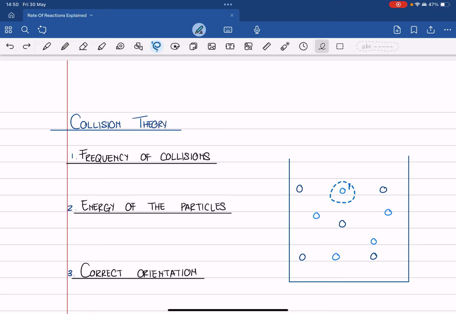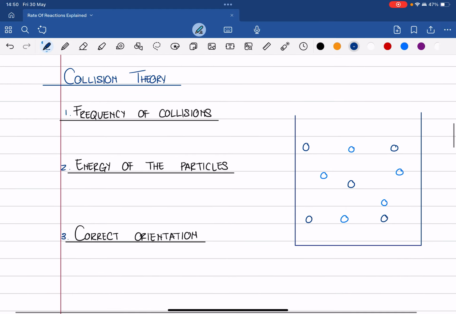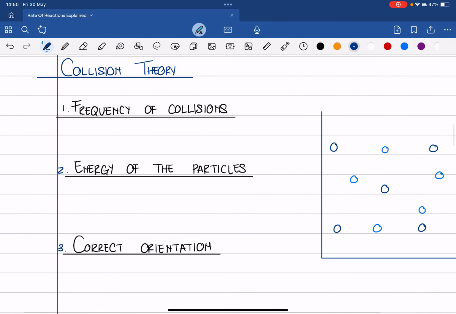And you'll be learning this now. So there's 3 things that we speak about under the collision theory. The first is the frequency of the collisions. Okay, so how often are the particles colliding? This is dependent on the number of particles per unit volume.